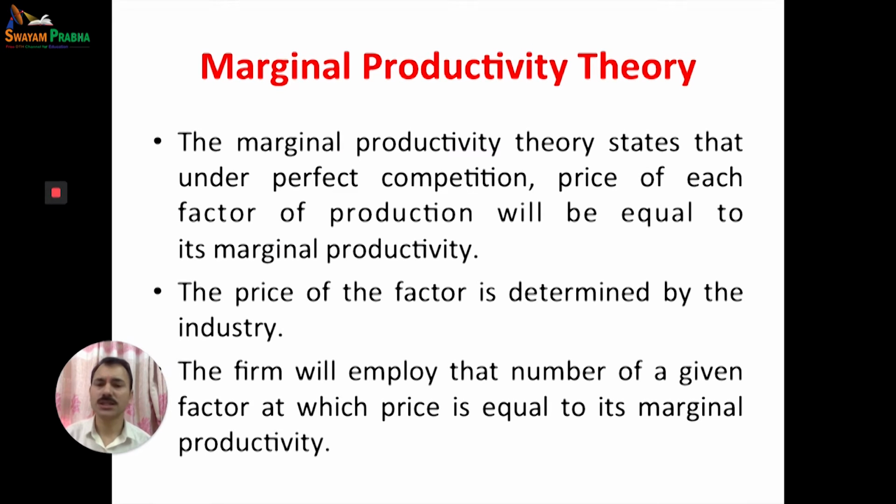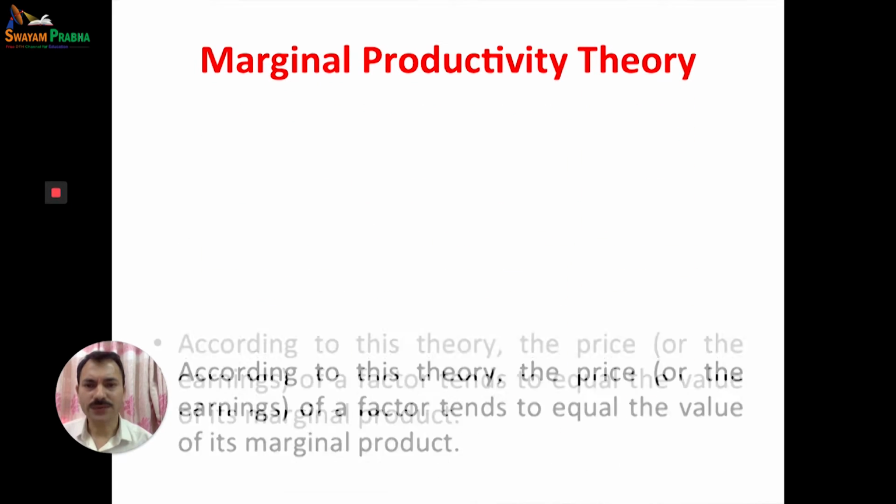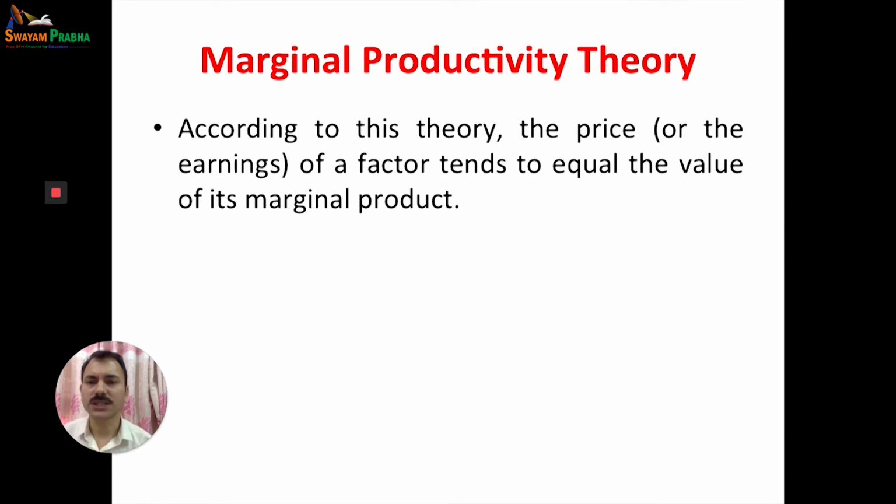Firms are just price takers, not price makers. Prices are determined through the demand and supply forces of the market. So we assume that in perfect competition, according to this theory, the price or earnings of a factor of production tend to equal the value of its marginal product.